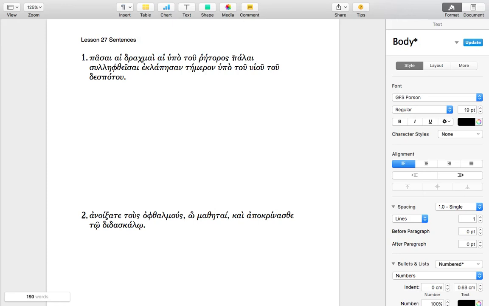Why is that not the case? Because you learned in lesson 27, if you watched the video I posted, this is an adverb, because it's the root of palaios, which means ancient. It's an adverb that means long ago. So in other words, it doesn't complete hai.